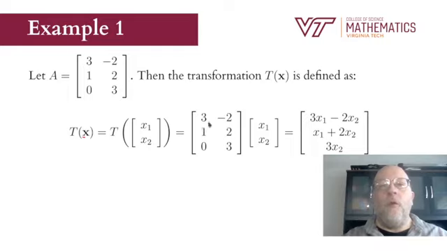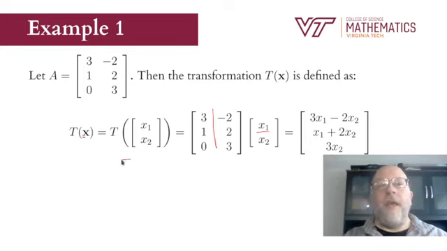And so we apply the column row rule, and we multiply x1 times the entries in the first column and x2 times the entries in the second column. And so we get 3x1 minus 2x2, x1 plus 2x2, and 0 plus 3x2 as the answer.